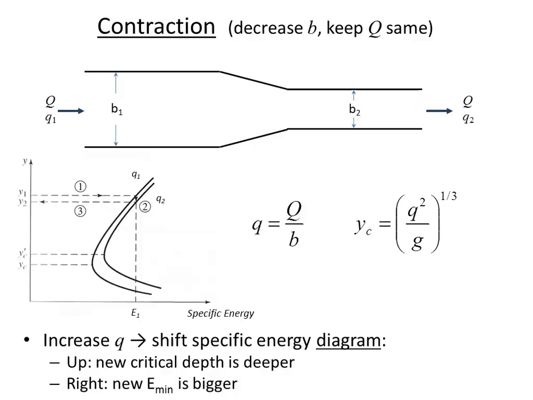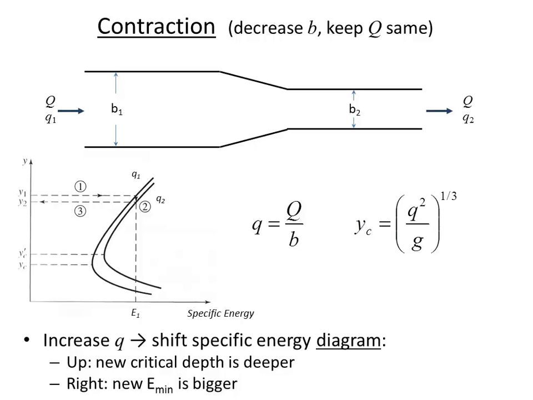All of that, therefore, shifts the E curve right, because there's more minimum energy. So that's how we know it's shifted to the right. And Y sub C bigger, that's how we know that curve 2 is shifted up. So that's why curve 2 is to the right and up.